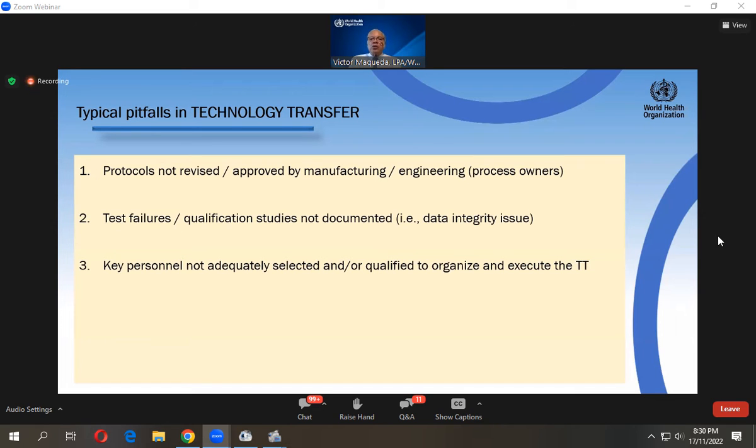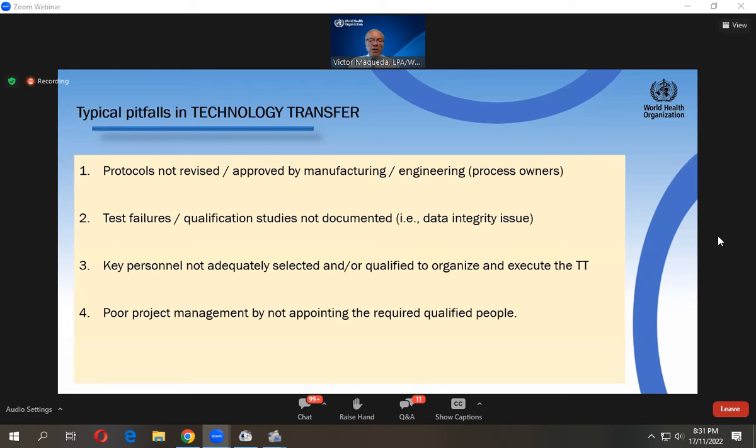So obviously you're going to have less personnel. So this is important to understand even from the start, even in the stages of the tech transfer agreements, to understand this problem and to decide how to cope with the problem.